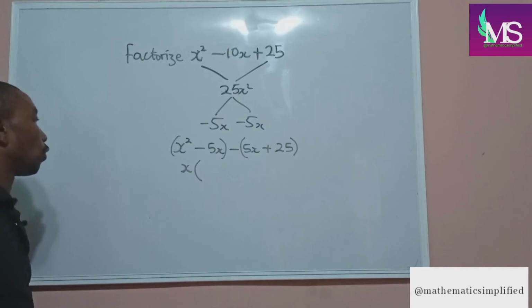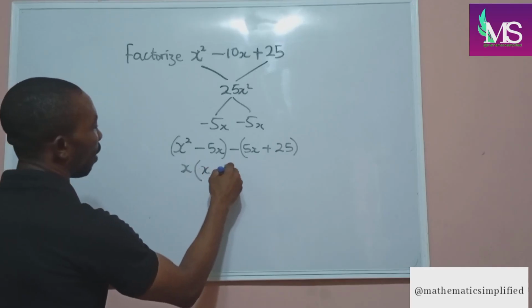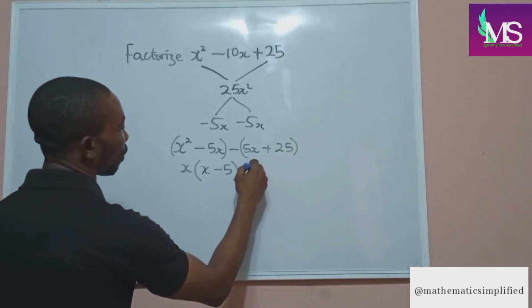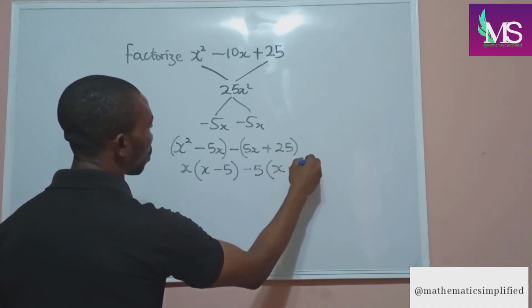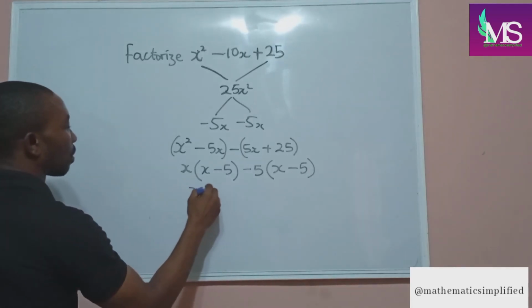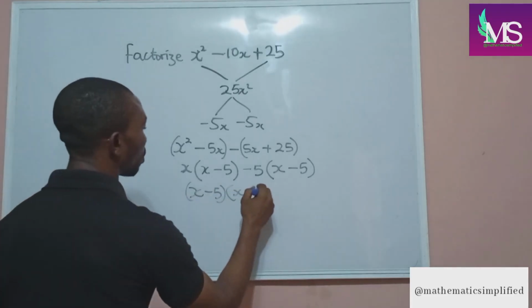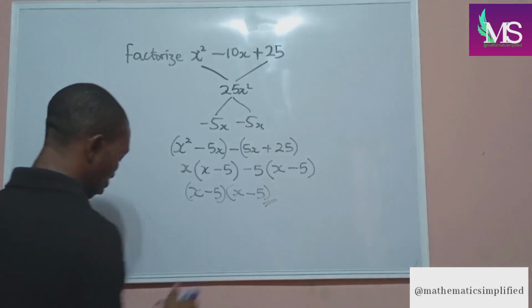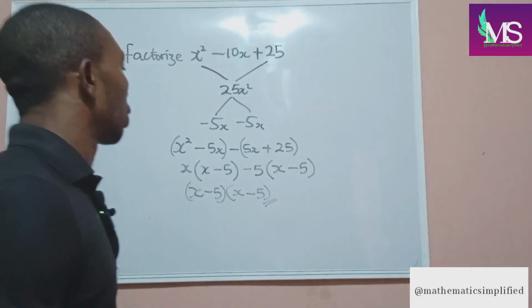If we remove one x from here, we are having x minus 5. What's common here is 5, okay, bracket x minus 5. So you can see we have our terms as x minus 5 and x minus 5. Those are the two factors of our equation.